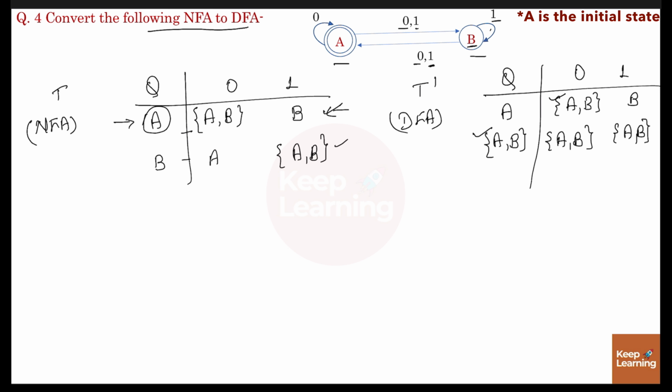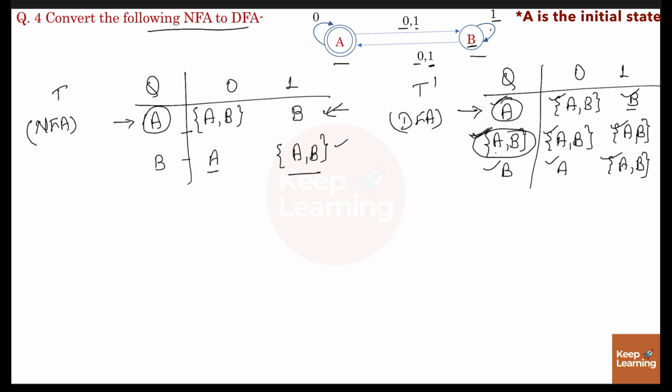So this is defined here. Now next state is B. Transition of 0 from B is on A, and transition of 1 is on AB. It means B is also defined, AB is done, A is done here, and AB is already defined. Now initial state will be A, and final state will be the states wherever A is present. So this will be your final state, and that will also be your final state.